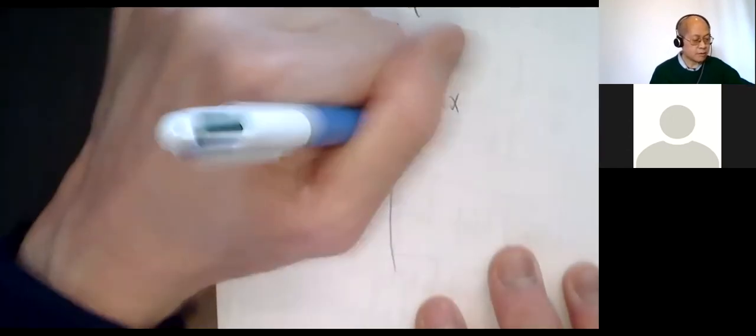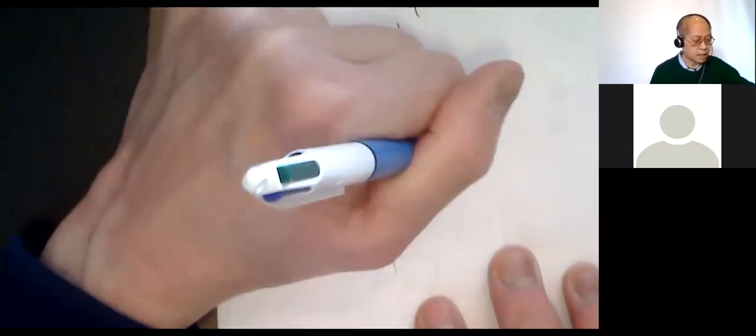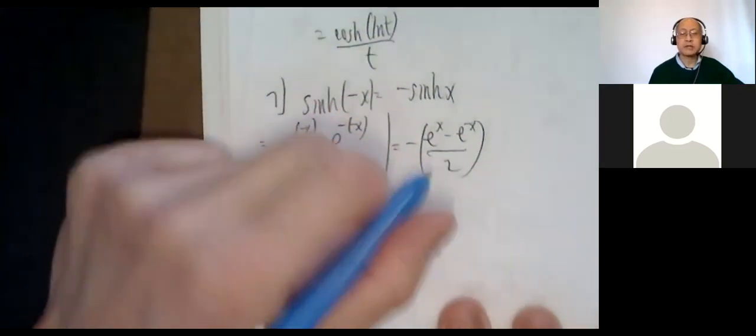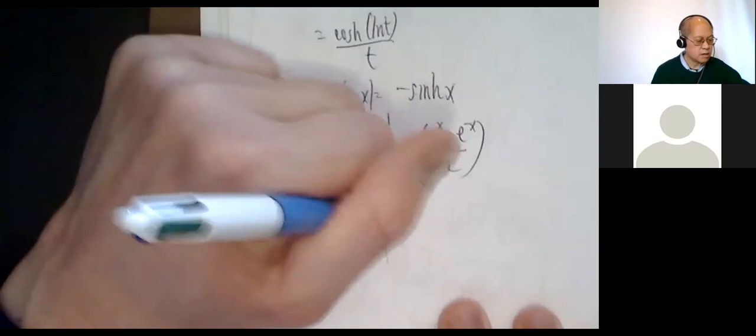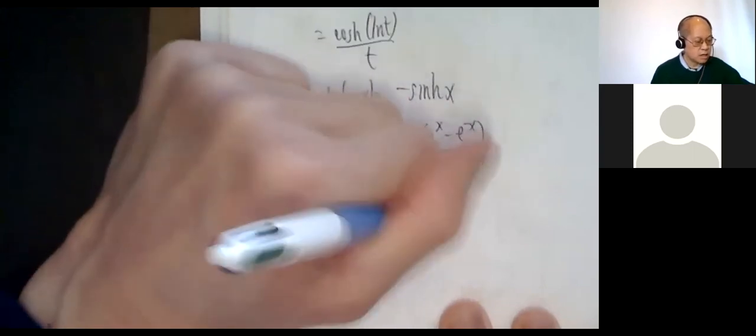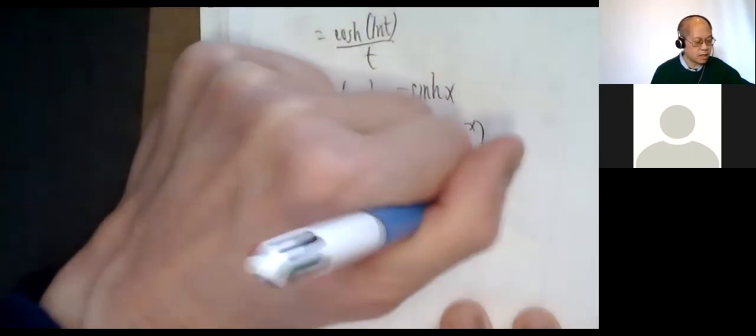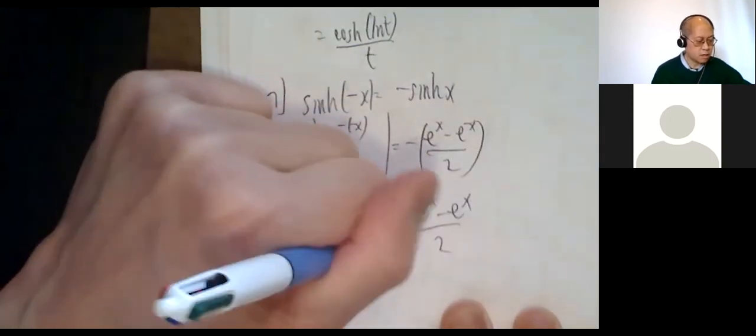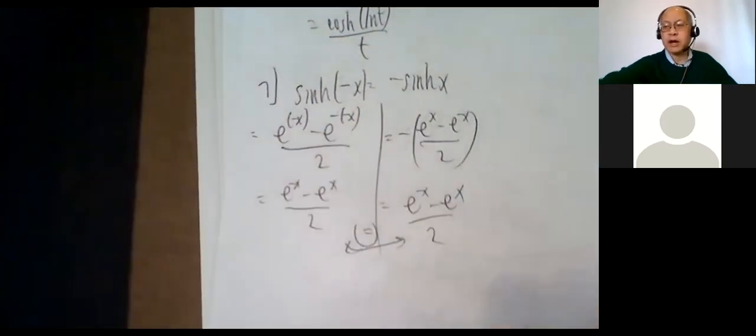This is the opposite of the definition of sinh, which is (e to the x minus e to the negative x) divided by 2. Take the opposite of this, you just switch these around. E to the negative x minus e to the x divided by 2. And that's about it for that.